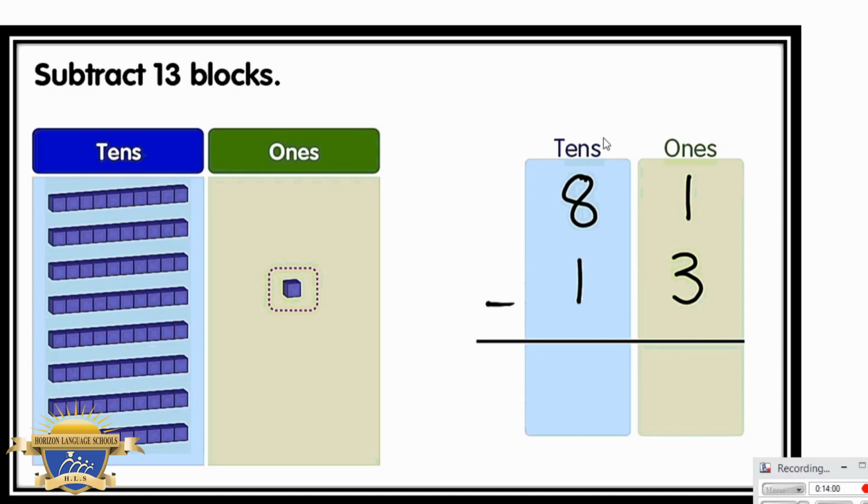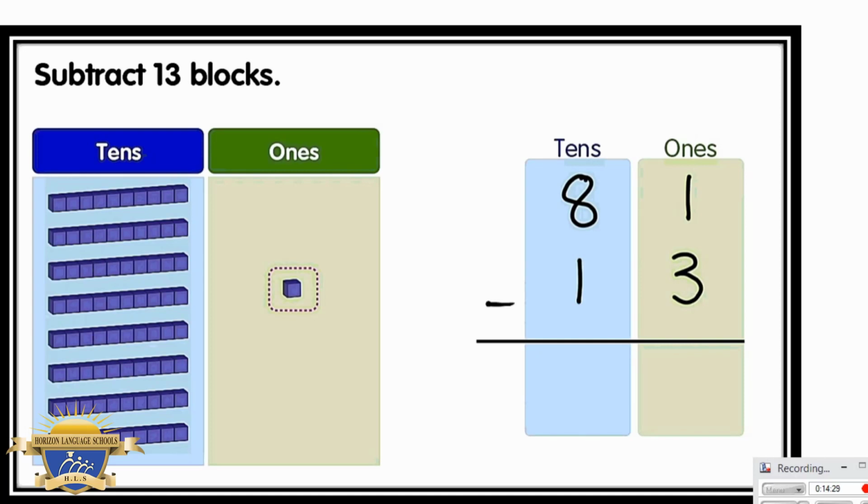So I have just one small square and 8 strips because we have 8 tens. Okay, look at the numbers in the ones place. I have here 1 and 3. Can you subtract 3 from 1? Of course no, because 3 is more than 1.